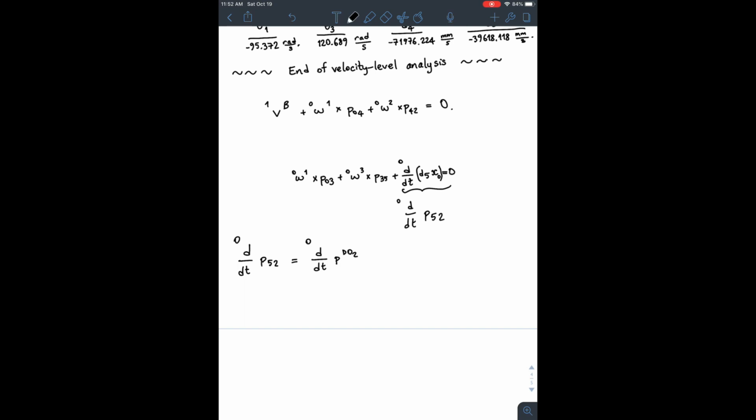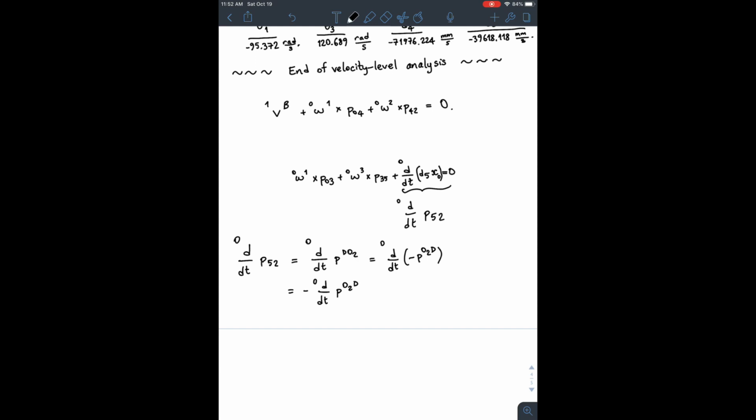The position vector that goes from D to O2 is equal to the negation of the position vector that goes from O2 to D. I can take the negative out: d/dt in 0 of p(O2 to D).